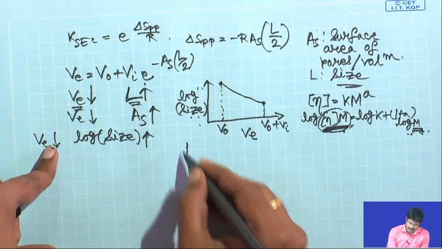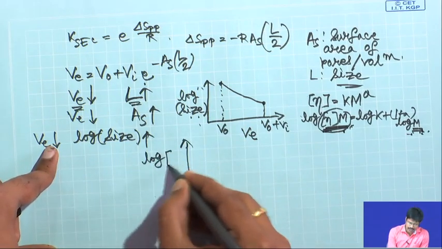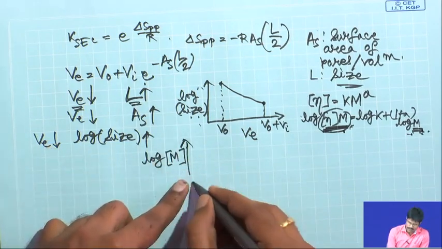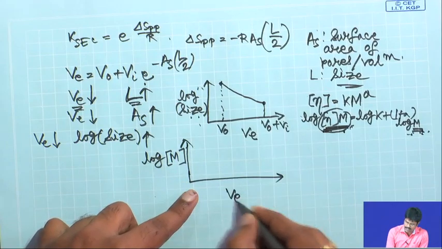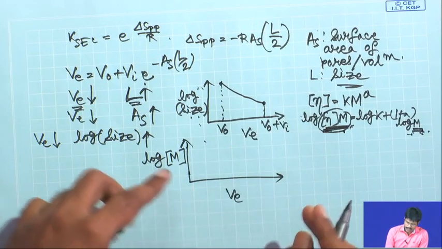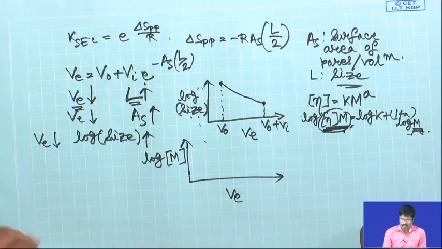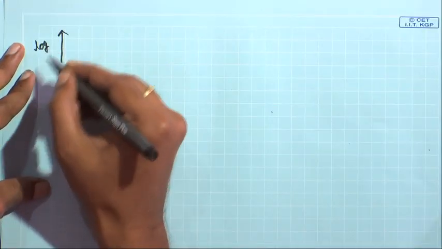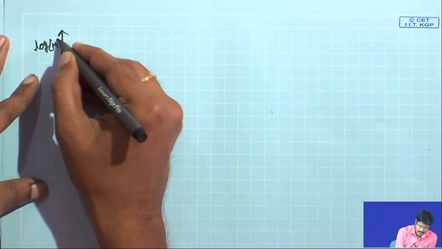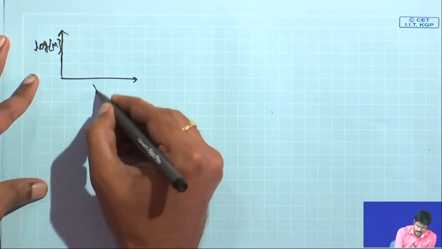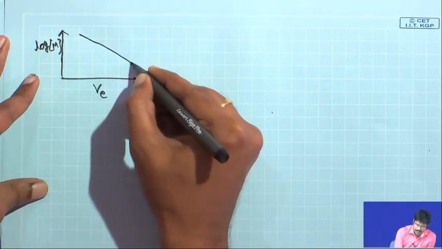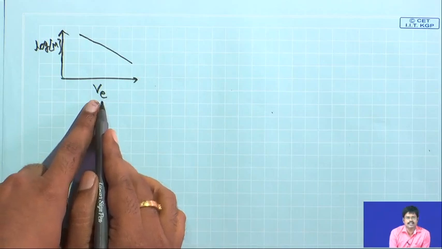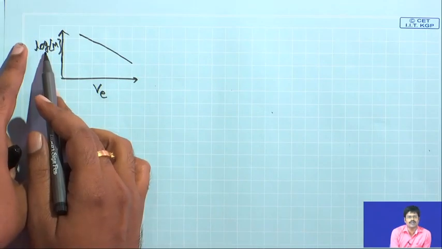If you put log M on this side, then you can plot log M versus V_e. So, you have log M versus elution volume V_e, and you can correlate basically the elution volume with the molecular weight.